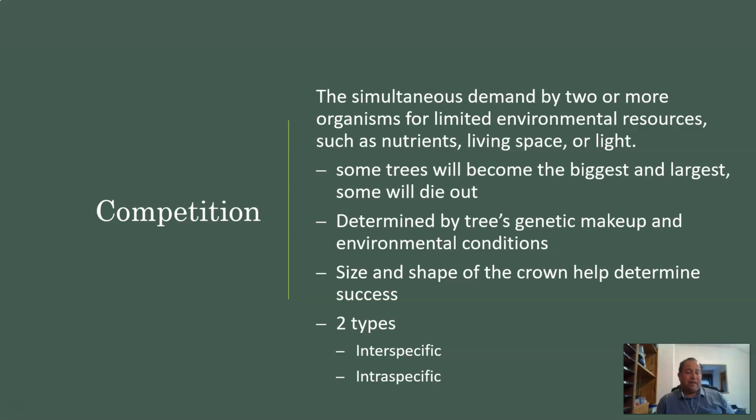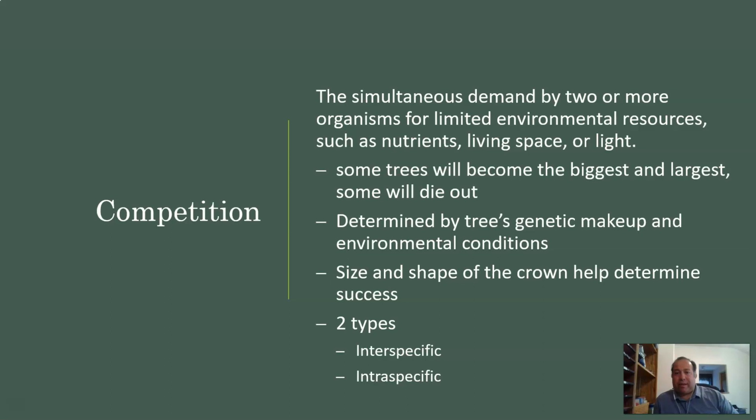So being the biggest, the strongest, the fastest is important. And if not, then you really have to find another way, just like those shade tolerant trees have done in terms of learning how to grow in a different way and how to use their leaves in a different way in order to make up for not being the biggest, the strongest, and the fastest.